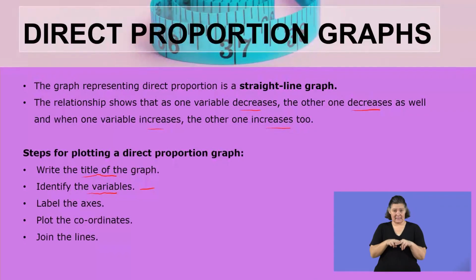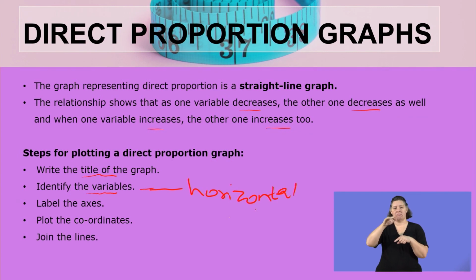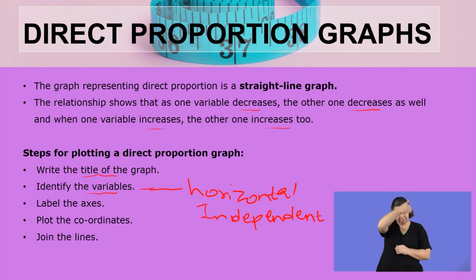Now, the independent variable, we say we will always plot it against the horizontal. So in the horizontal is where we are going to plot the independent variable, and then in the vertical, we are going to plot the dependent variable.